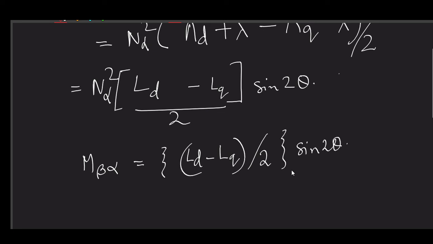Now, as we are considering the balanced case, there is no harm in assuming M alpha beta is equal to M beta alpha. Anyway, we can calculate M alpha beta if it is required.